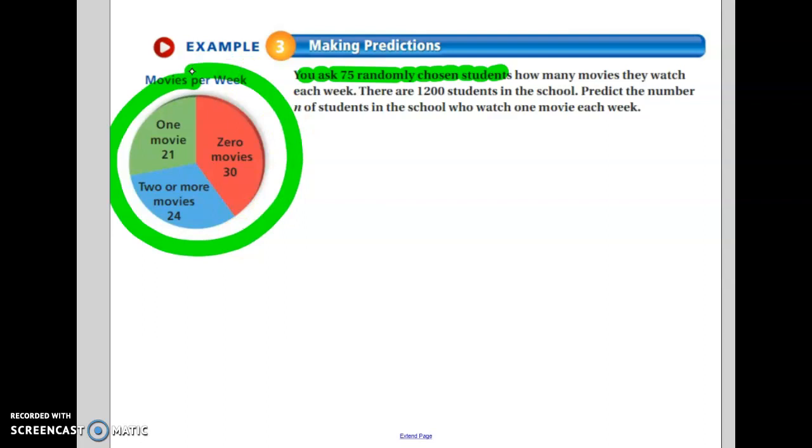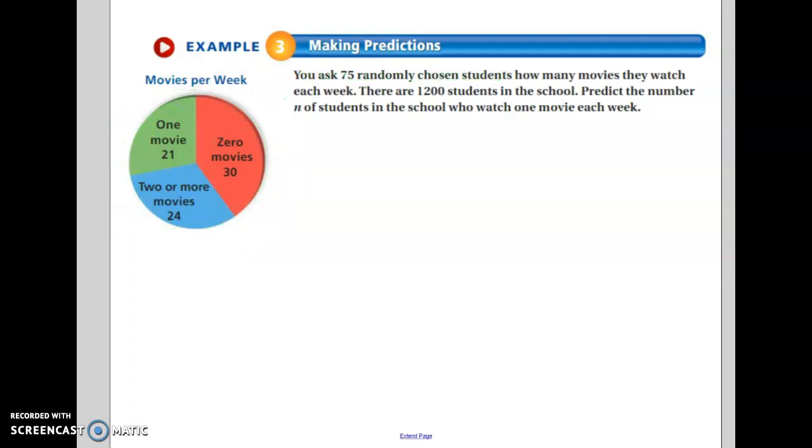Out of 75 students, 21 of those students watch 1 movie per week, 30 of those students watch 0 movies per week, and 24 of those students watch 2 or more movies per week. We can use that to tell us how many we would expect to watch 1 movie per week out of 1,200 students in the school.